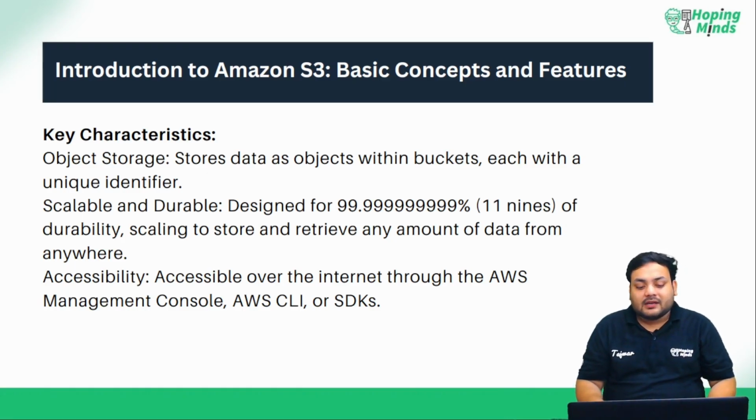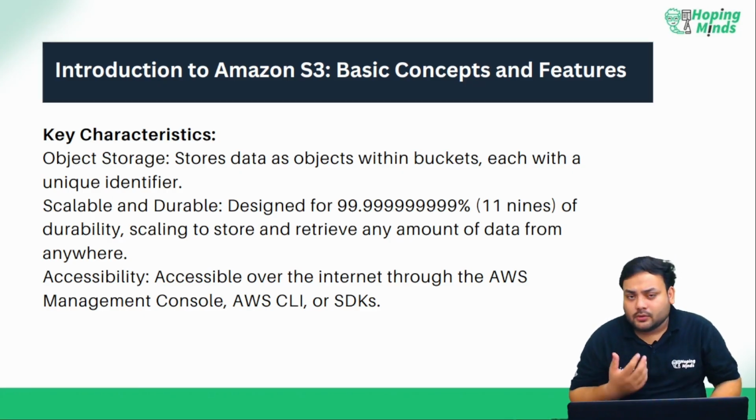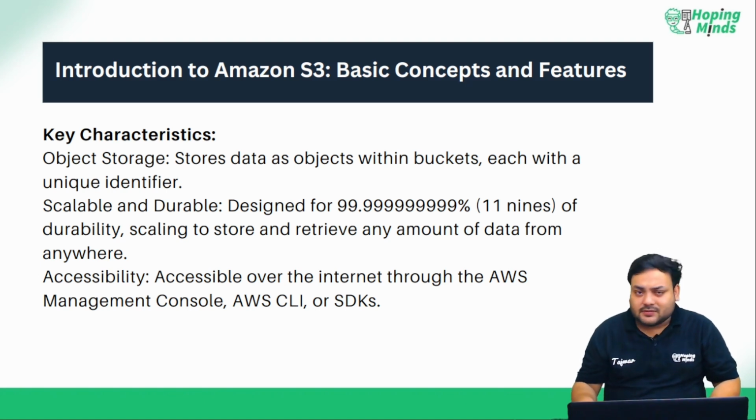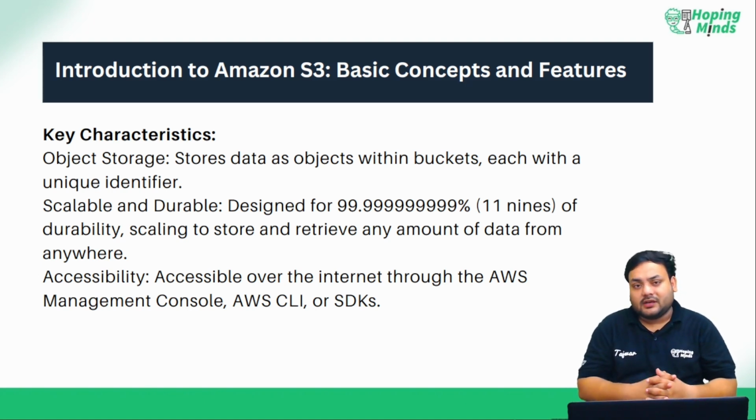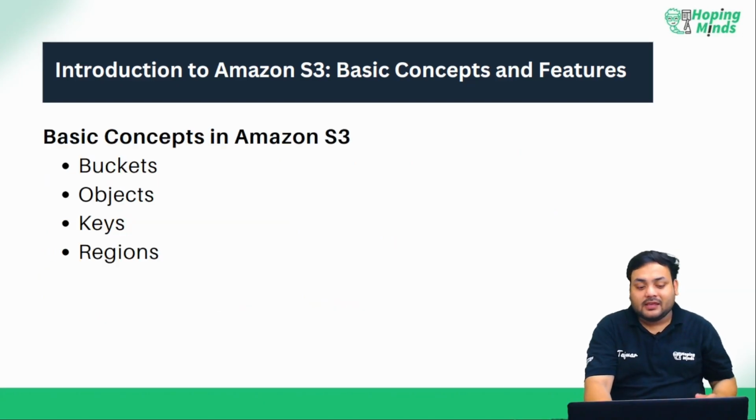Apart from that, scalability and durability, which I have already told you about. Then accessibility, meaning you can access your data from the AWS Management Console, from the AWS CLI, or by using different SDKs as well. This is how you can understand S3 and its key characteristics.